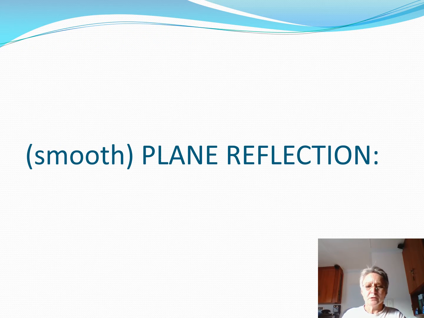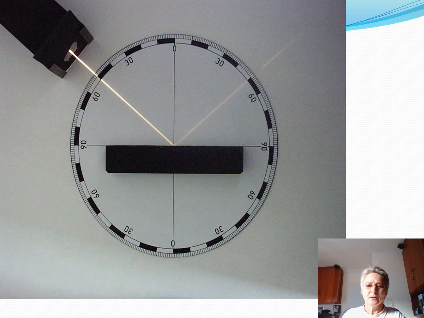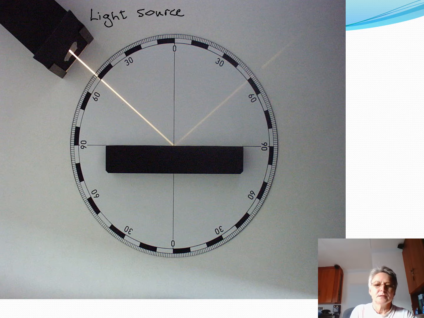So I want us to look at smooth plane reflection. Firstly, here we have a light source, and it sends a beam of light towards the mirror. So this is the incident ray.